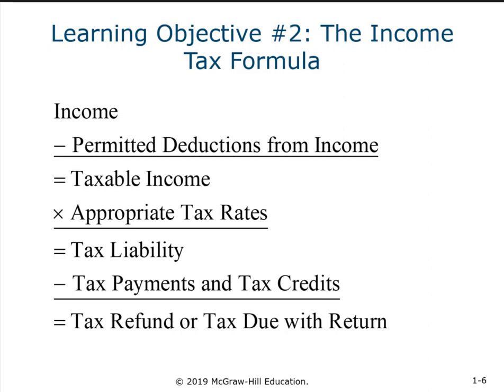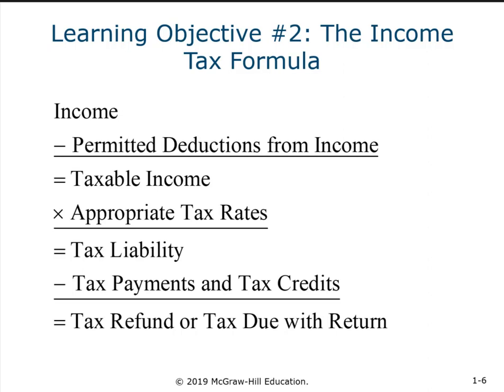Then you subtract from that, okay, permitted deductions from income. Later, we'll find that there are certain income that you can also exclude from that first definition. But right now, we're just going to say that all income is included. Then you subtract out what the tax law specifically permits you. And for chapter 1, we're only going to have one permitted deduction, and that's the standard deduction.